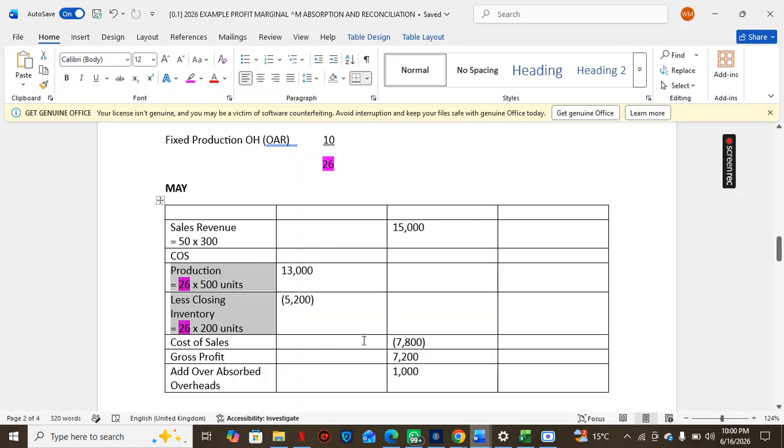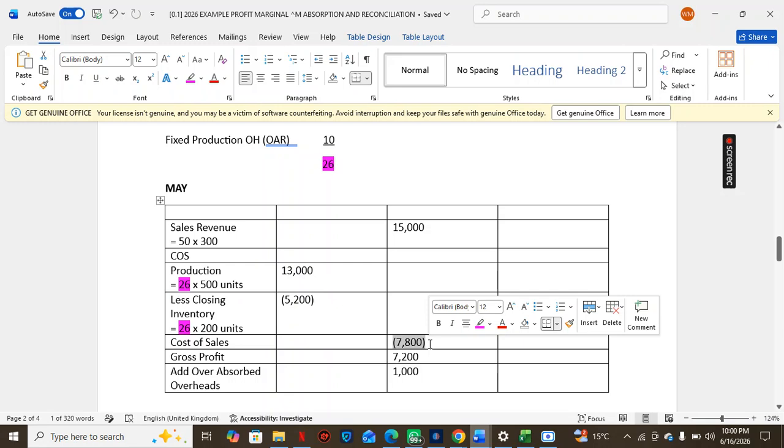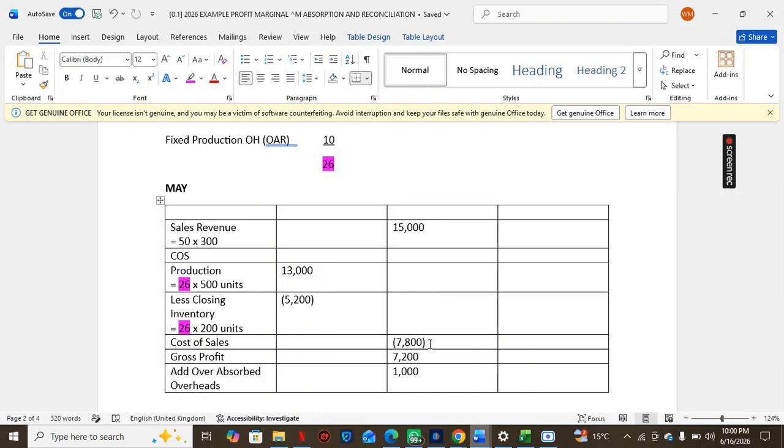This cost of sales is inflated because we've over absorbed. But remember the adjustment, I said we're going to do it with the profit. Since the cost of sales is inflated, when we get our gross profit, 15,000 minus 7,800, we have a gross profit of 7,200. Since the cost of sales is inflated, the gross profit is deflated.